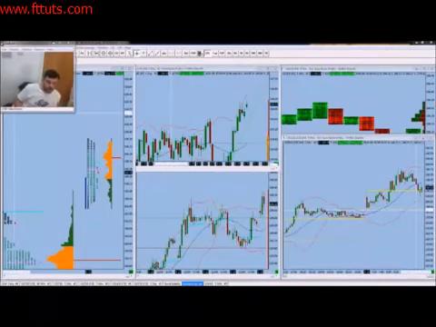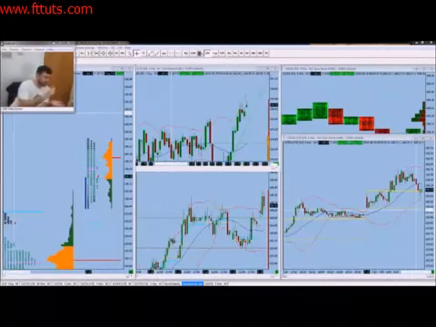Right, this goes back to when we were talking about the contract specifications. The price that you're seeing is the price that the product is actually trading at, and it obviously moves up and down throughout the day.